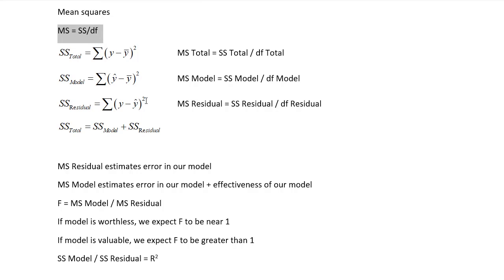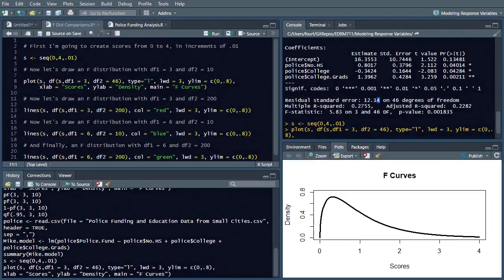Well, what if you take the mean square residual based not upon taking y deviation from the mean, but y deviation from predicted scores and take the square root of that? Well, that's a sort of standard deviation as well, and we call that the residual standard error. So that's what this 12.14 is.